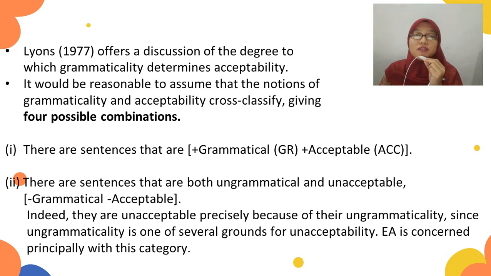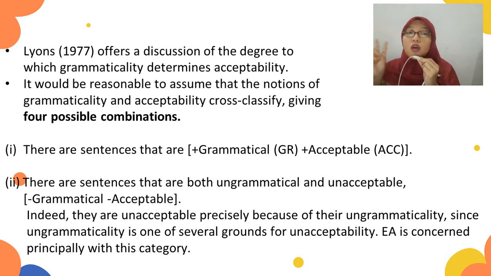Lyons, 1977, offers a discussion of the degree to which grammaticality determines acceptability. It would be reasonable to assume that the notions of grammaticality and acceptability cross-classify, giving four possible combinations. The first one, there are sentences that are grammatical and acceptable.